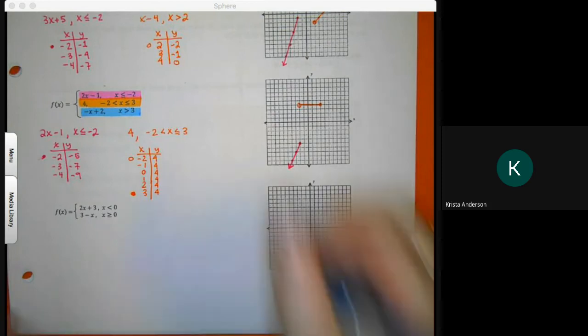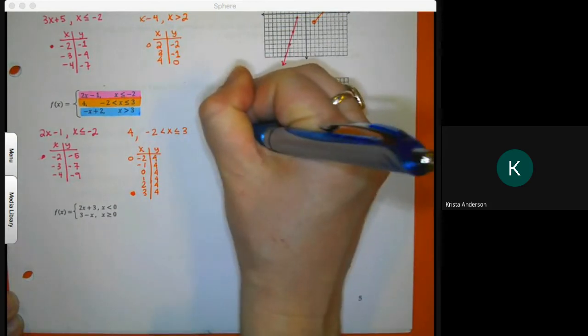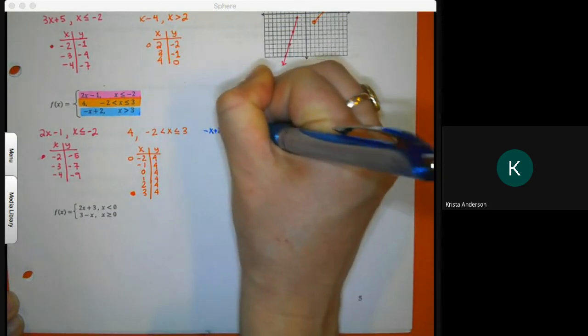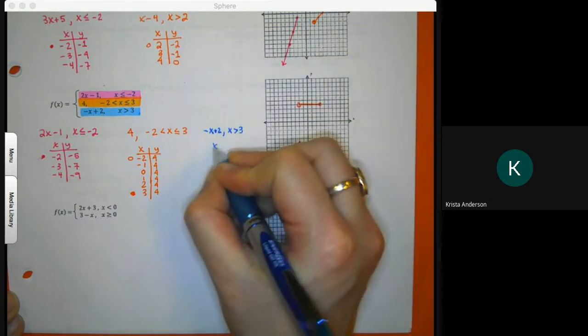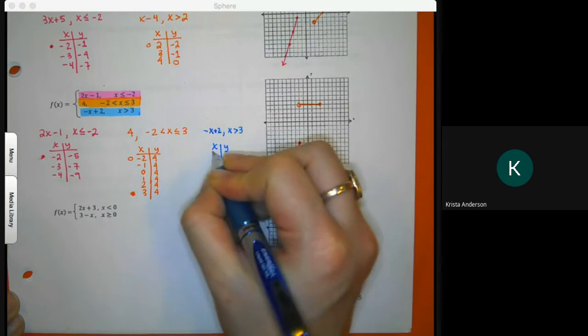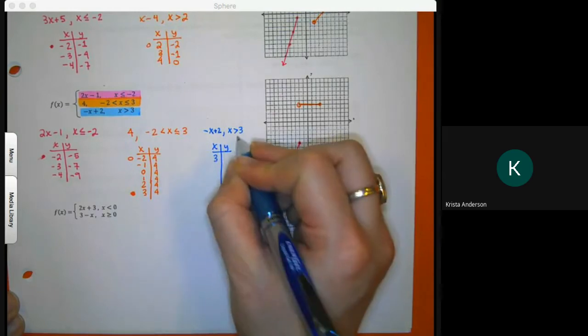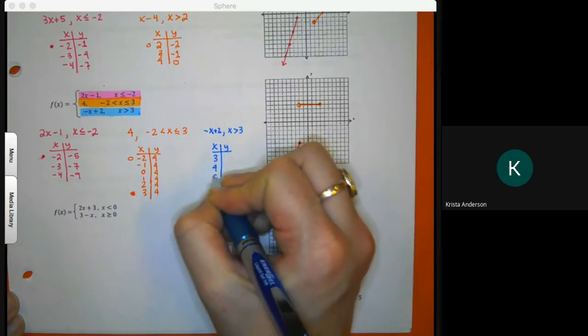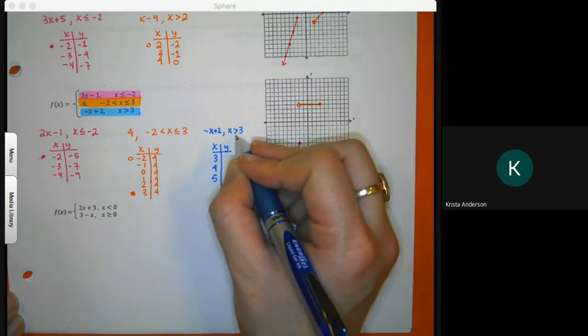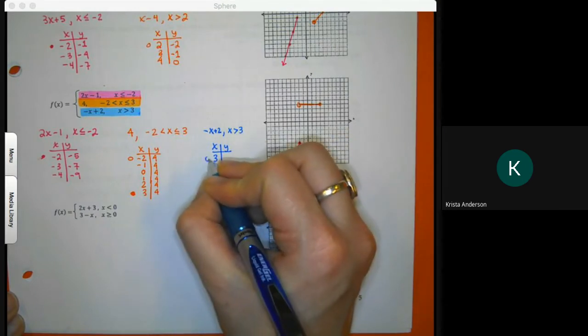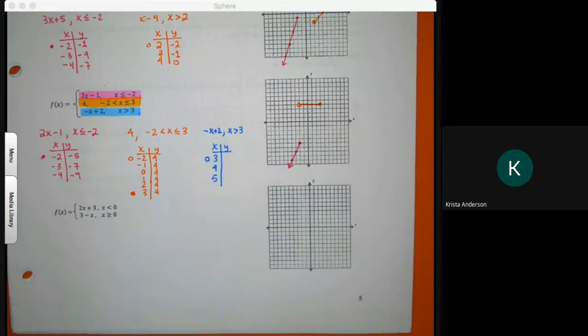Third equation, I have -x plus 2 when x is bigger than 3. Numbers greater than 3 would be 4 and 5. This will be an open dot for the 3 because it's not equal to it.